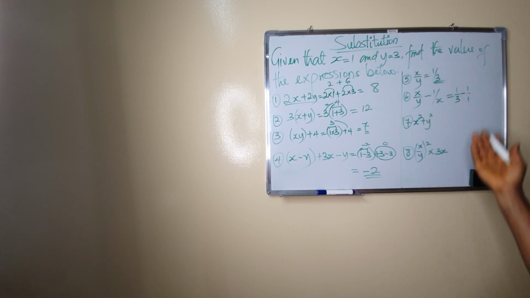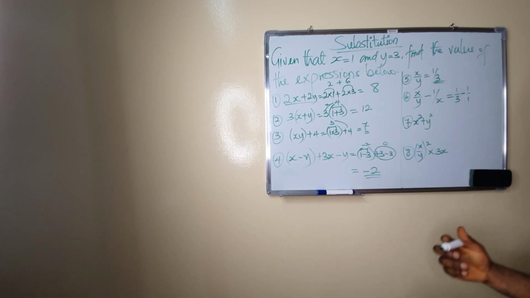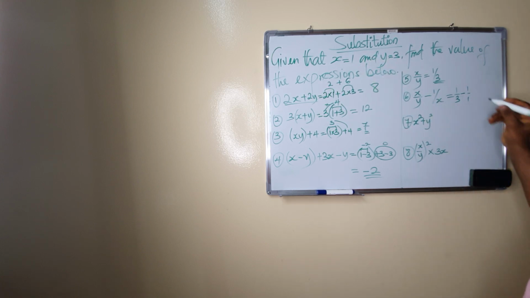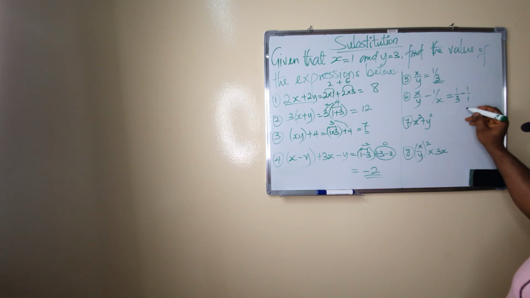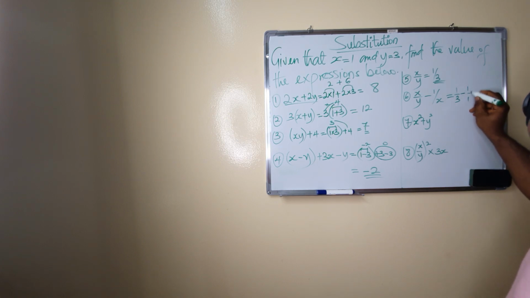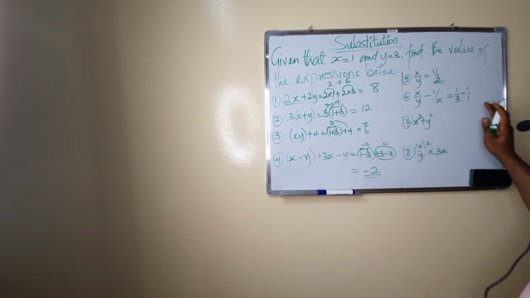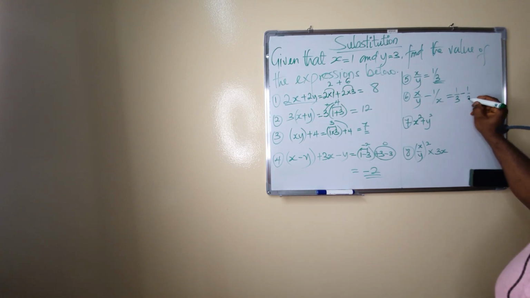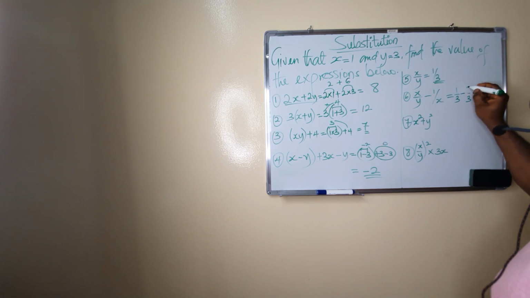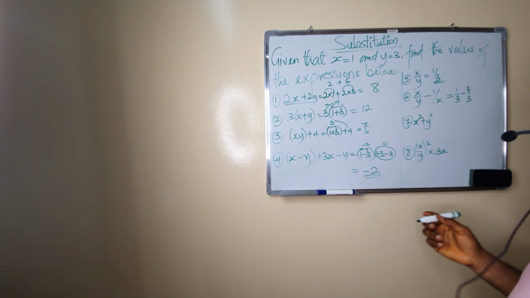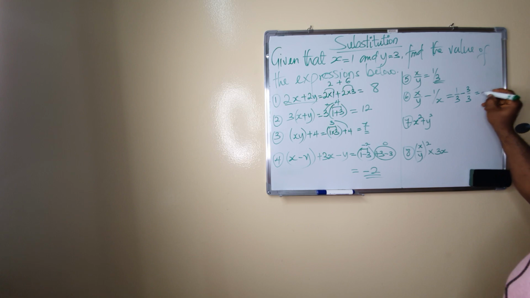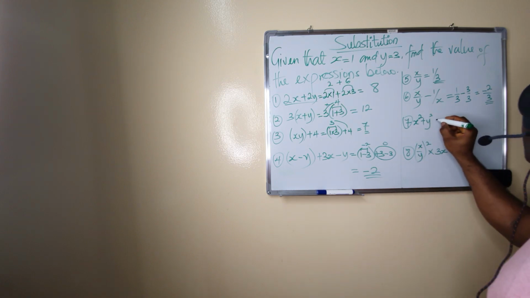Easy. X is 1, so nothing much to work on, but it's going to give us a negative answer, obviously. To work that out, the way you solve a fraction, 1 can be the same as 3 upon 3 because that is 1 whole. So 1 minus 3 gives me negative 2 and the denominator remains 3. That's my final answer.